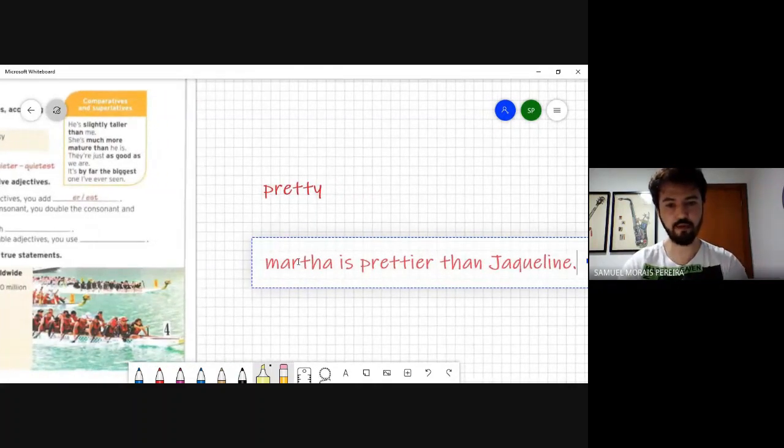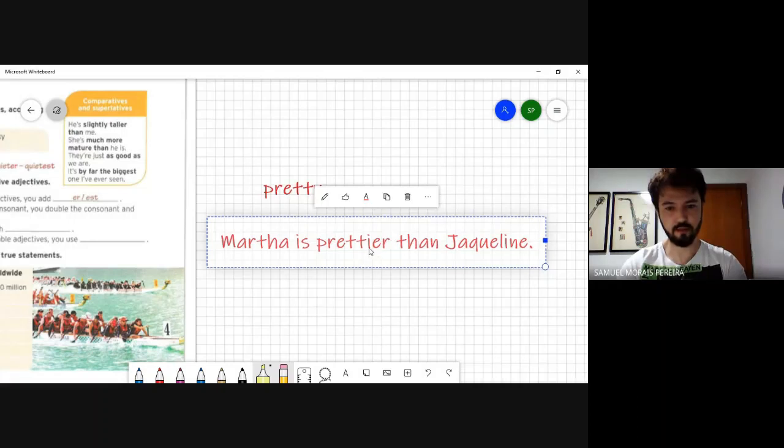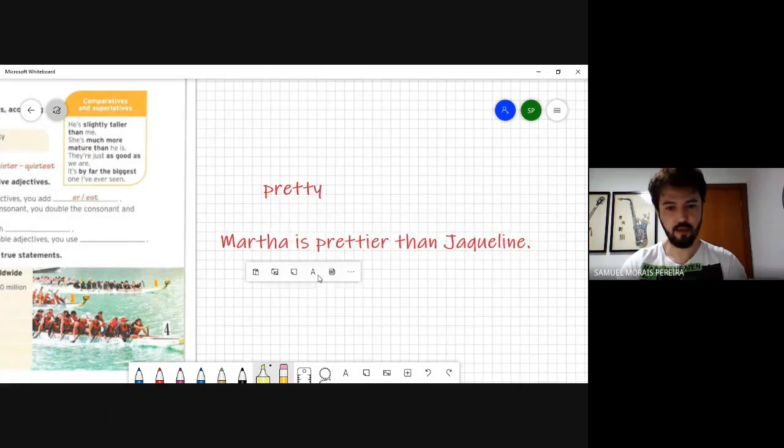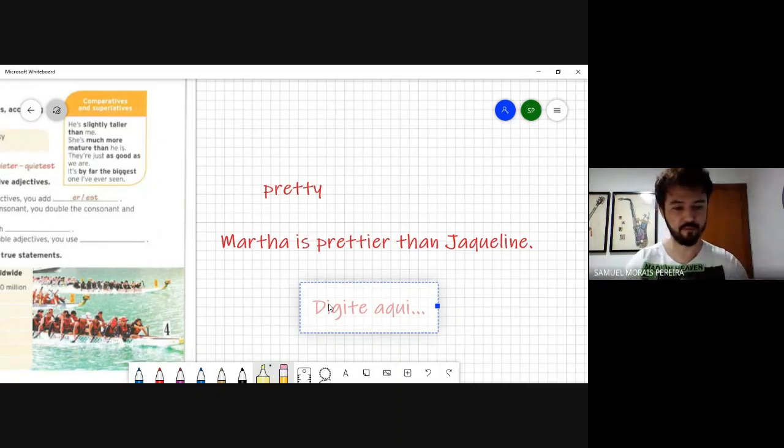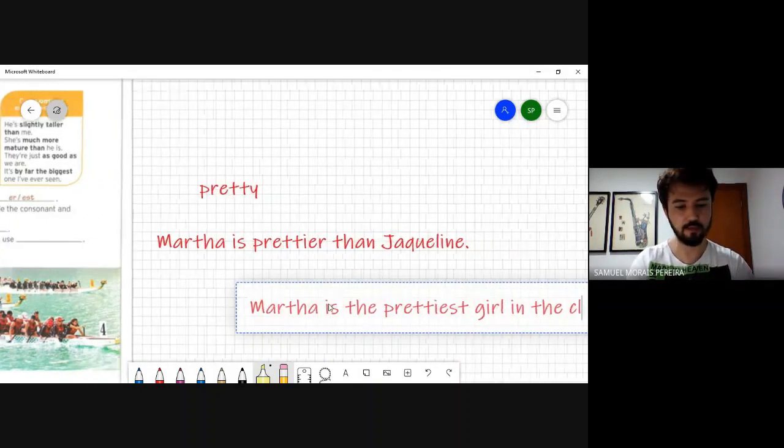I am comparing two girls here. So Martha is prettier than Jacqueline. Can you see what happened here? Ó? I-E-R. E se eu falasse assim, ó, Martha é a garota mais bonita da turma. Ó, Martha is the prettiest girl in the class.